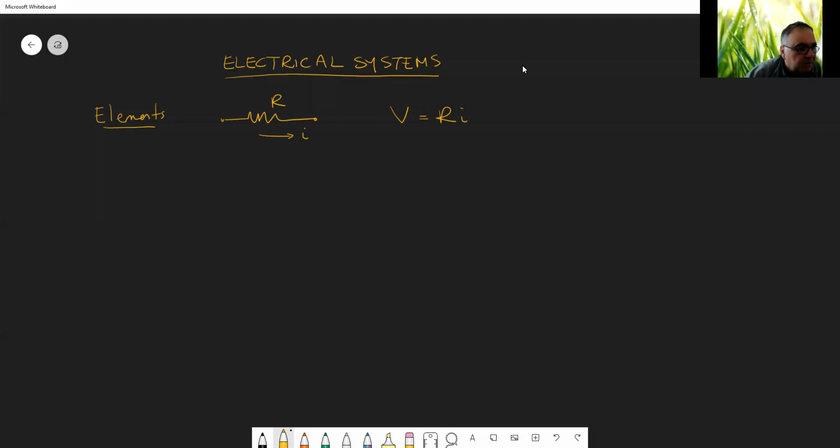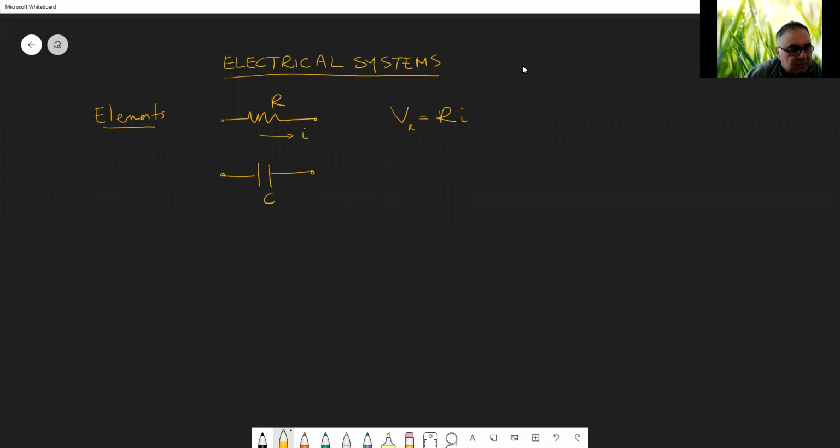You might have the capacitor C, which stores electrical energy. This is the voltage difference. Let's call this VR, by the way.